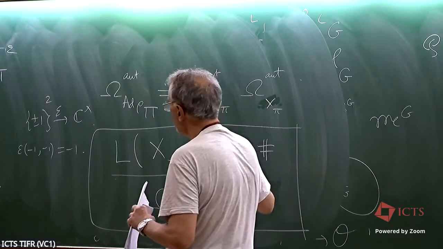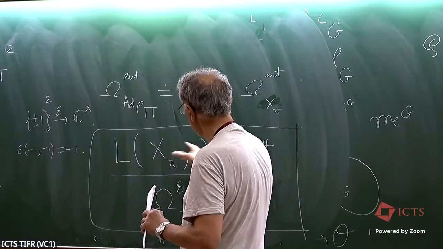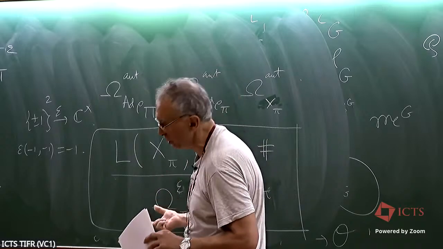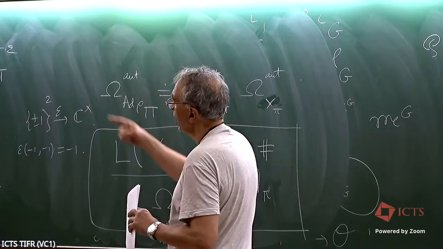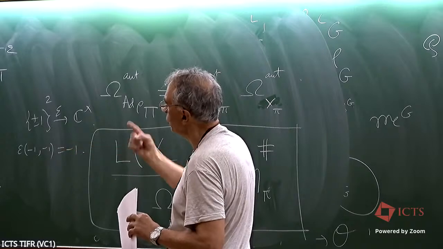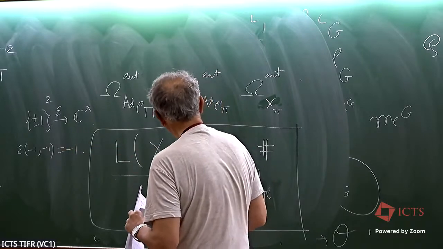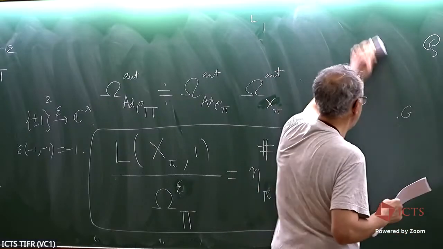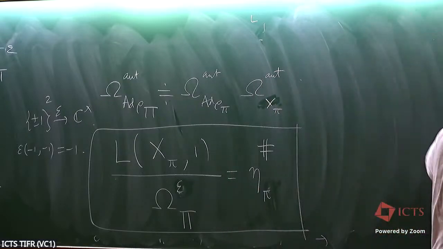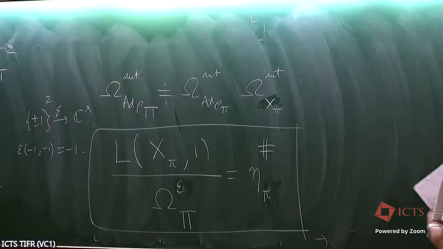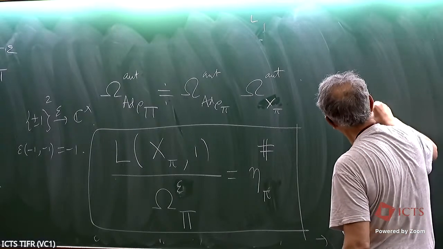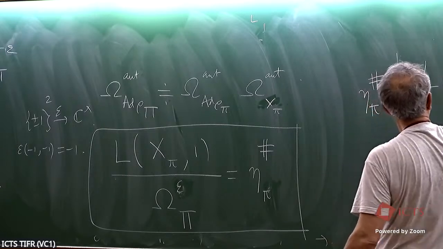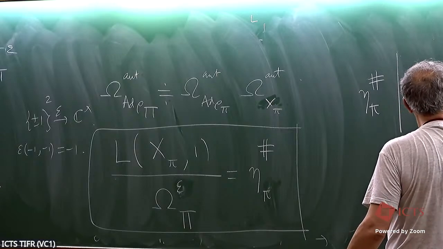But this conclusion involves two, as you see, these numbers. To say that two numbers are equal, you have to prove two divisibilities. And actually, our technique of linear forms proves only one divisibility. We have two completely different arguments. The argument involving the linear form proves only this divisibility: eta pi sharp divides L x pi 1 over omega pi epsilon.